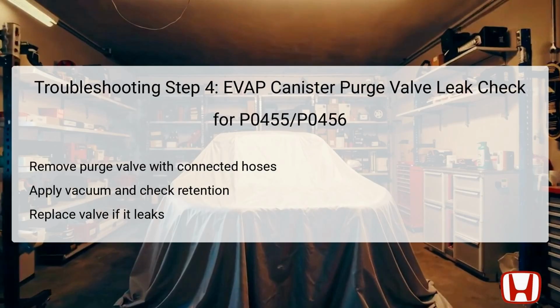Carefully apply about 2 kilopascals or 0.6-inch Hg of vacuum and observe if the system can hold this vacuum for 1 minute. If it fails to hold vacuum, it indicates a leak at the purge valve, necessitating its replacement. This step is essential to ensure that the valve is functioning correctly, as it plays a significant role in controlling the flow of fuel vapors.